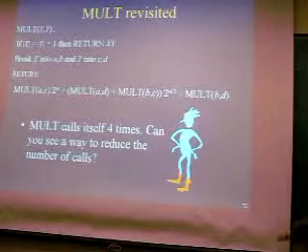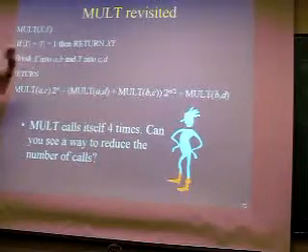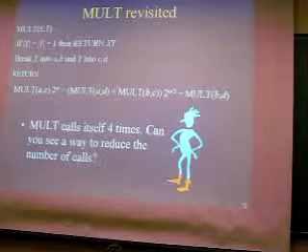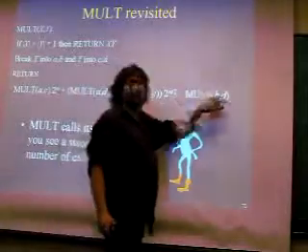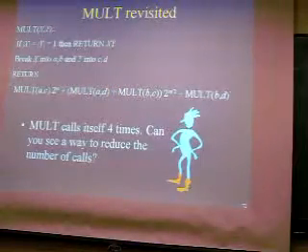All right, so this was the algorithm we had before. Remember, we were given x and y. We broke x into a and b, and y into c and d. And we had 4 friends. And we got our friends to work.